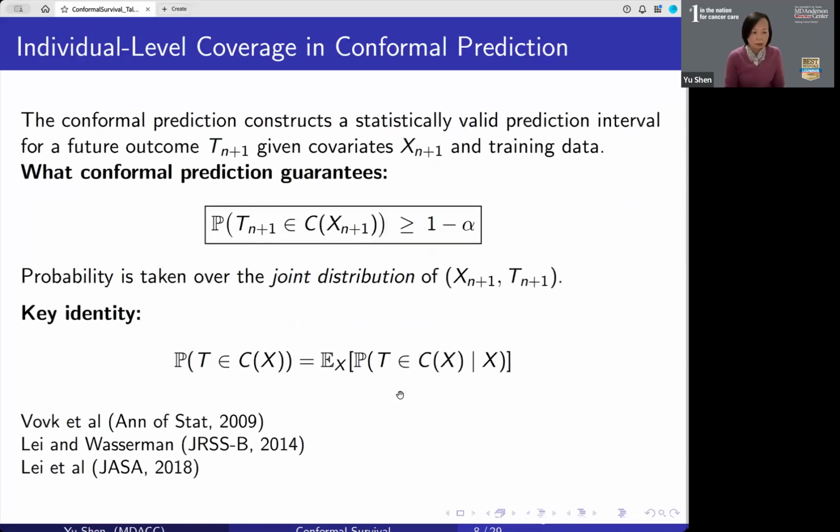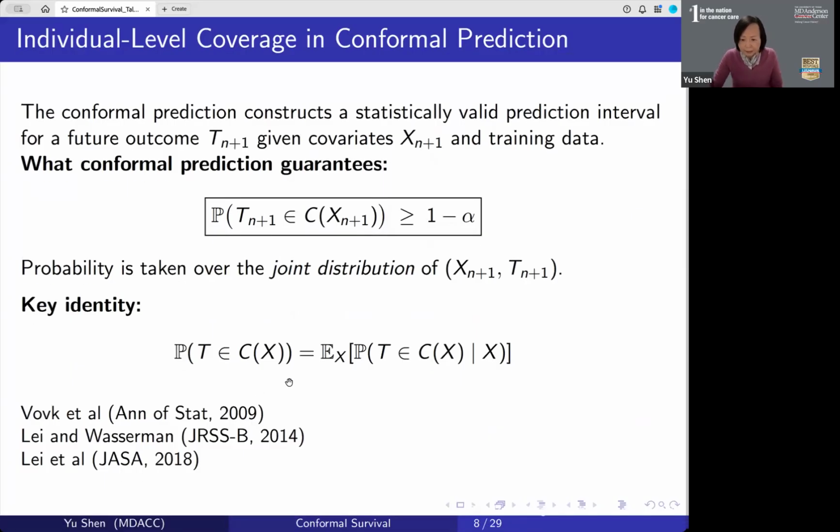Okay, so for conformal prediction, we have to give credit to Bob. His 2009 paper really introduced this very fundamental concept of non-parametric conformal prediction, which has attracted substantial attention only in recent years in the statistical literature, mainly with novel machine learning algorithms.